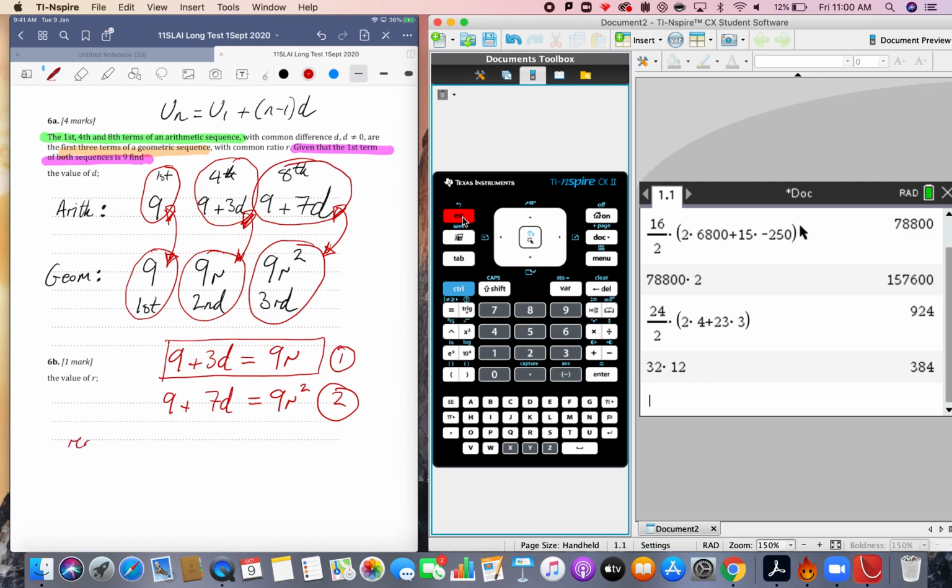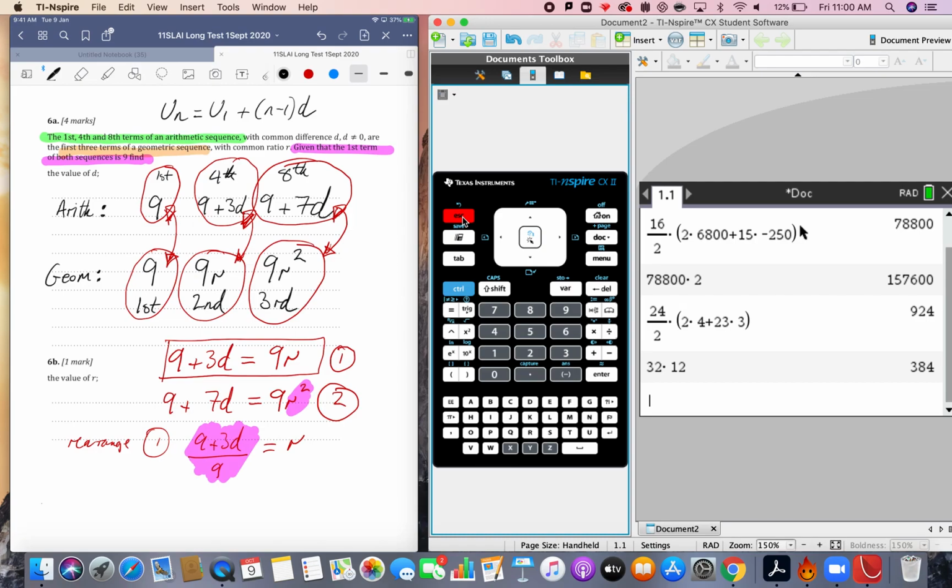So rearranging 1, we get 9 plus 3d divided by 9 equals r. And then can you see that where we see the r here, we're going to substitute 9 plus 3d over 9 in there. So let's go ahead and finish off the question now.